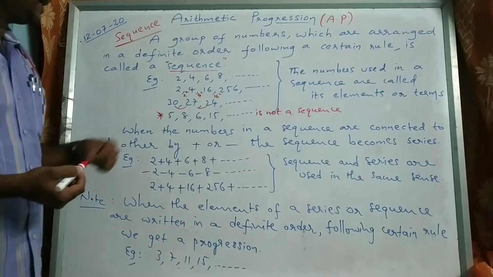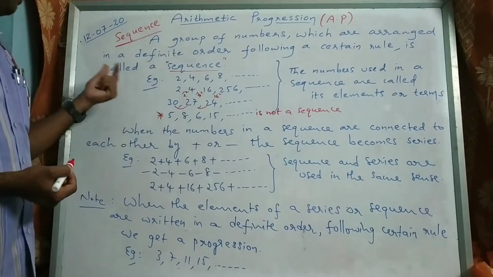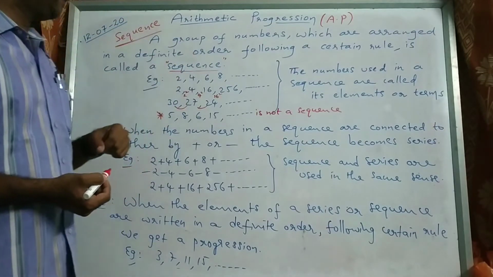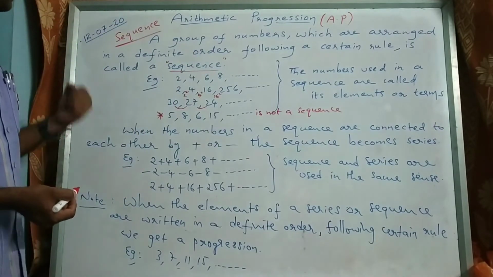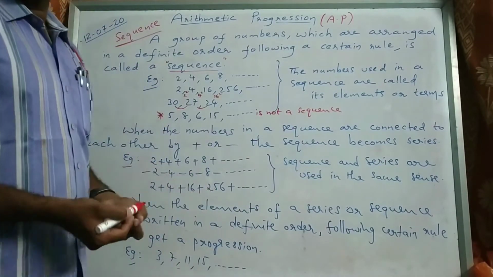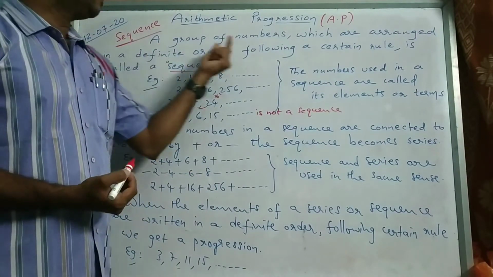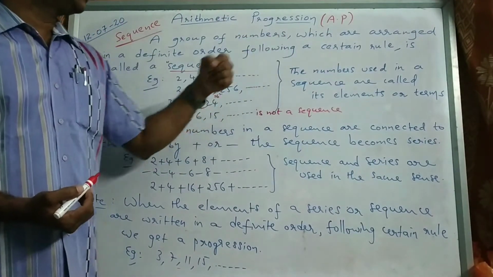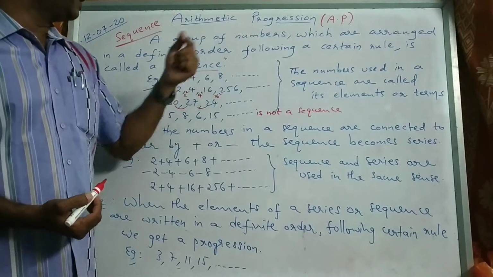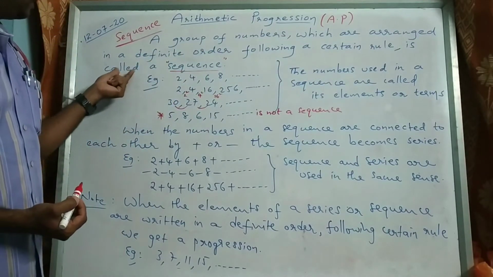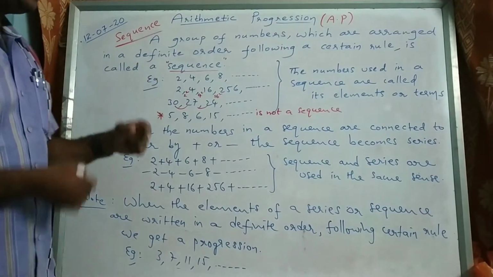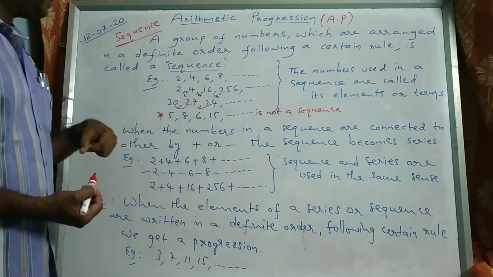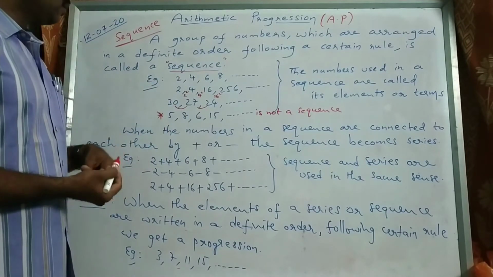Did you understand now what is a sequence? A group of numbers which are arranged in a definite order following a certain rule is called a sequence.